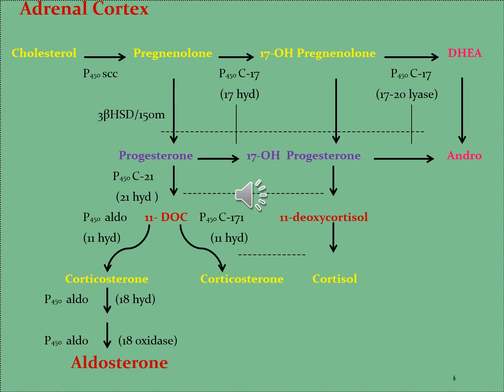It is the only enzyme in the adrenal pathway of corticosteroid synthesis that is not a member of the cytochrome P450 family. It is also present in other steroid producing tissues including the ovary, testes and placenta.